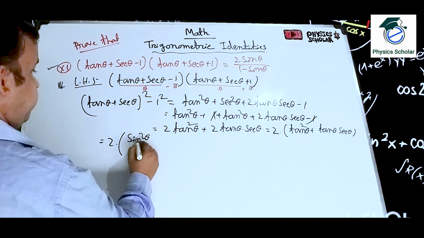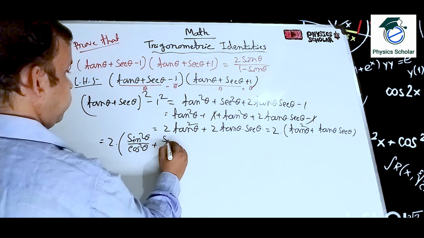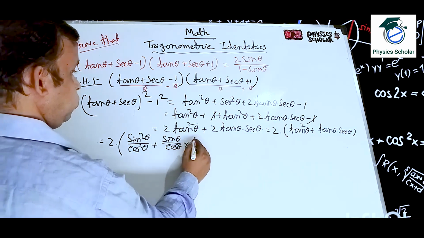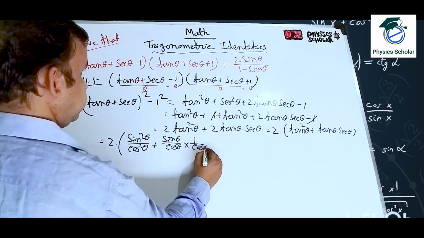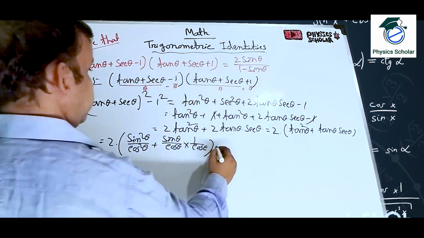2 into tan square means sin square theta by cos square theta, plus tan theta means sin theta by cos theta into sec means 1 by cos theta. Clear? Because only sin is given, that's why you have to break like this.